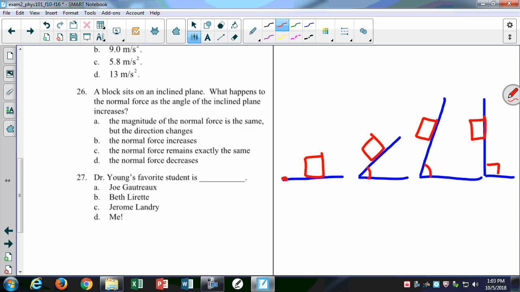It decreases. Now remember, the normal force is the force that's perpendicular here, and my weight is towards the earth, and so the normal force is equal to some component of the weight. Here, the normal force is equal to the weight. But here, the normal force is equal to a component of the weight.